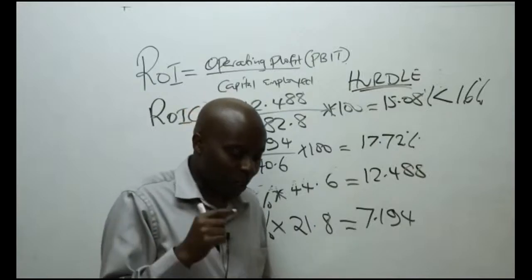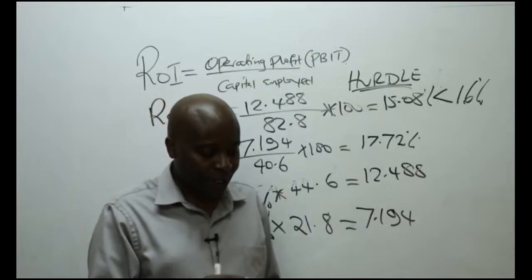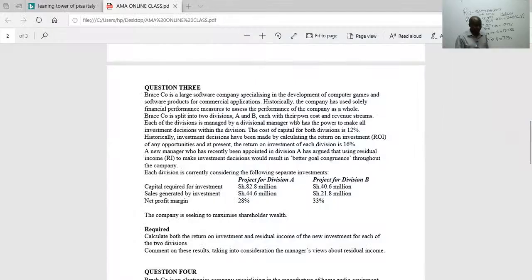So they have told us, right at the top, that there's a paragraph starting with historically. Historically, investment decisions have been made by calculating the ROI of any opportunities, and at present the ROI of each division is 16%. The current ROI becomes your hurdle rate of getting to know whether we should accept a project or not.